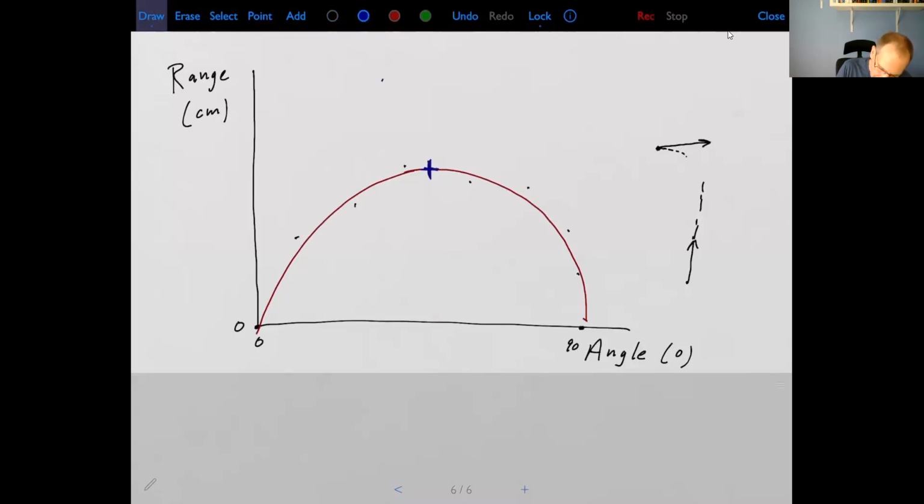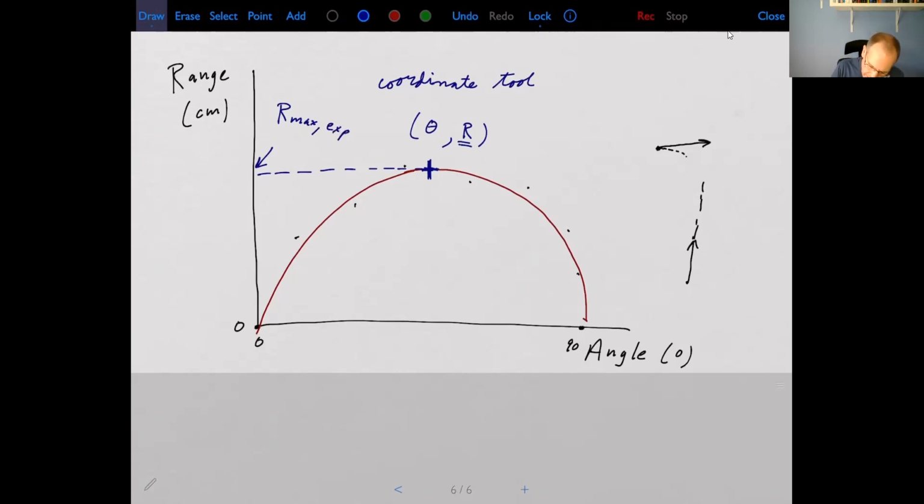You can use something called the coordinate tool. I'll get on Pascal Capstone in a second and explain how to do this. Basically it gives you the coordinates of that bullseye, of that point that you picked. It gives you the X and Y coordinates, which in this case are really the angle and the range. This value is your range, which I'll call R max, the maximum range experimental, because it's coming from the graph.